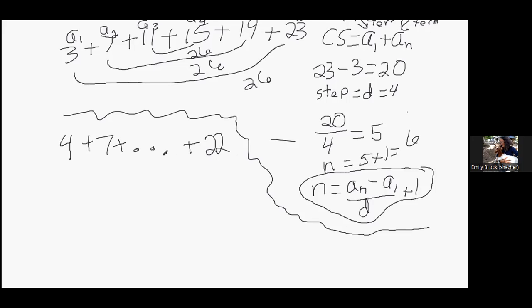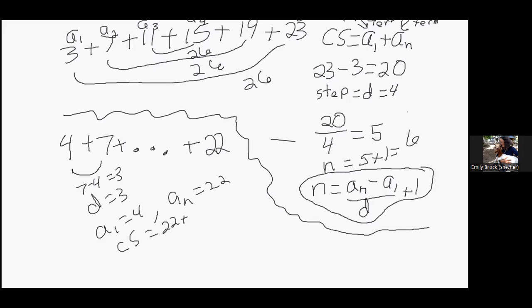So we don't see all the numbers here, but I can see that the common difference from 7 to 4 is 3. So D equals 3. Also, the first term is 4. The last term is 22. So my common sum is 22 plus 4, which is 26.